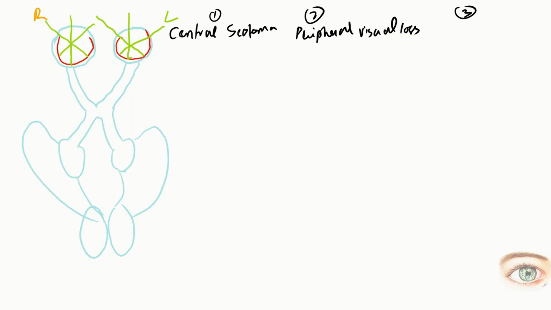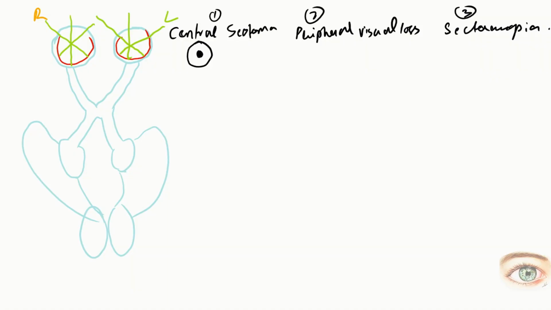Also, there can be sectoranopia, right? So a central scotoma is going to look like this. And the reason can be CSCR, a cone dystrophy, anything which is affecting the macula, right?